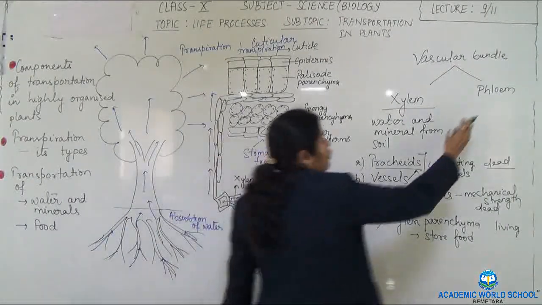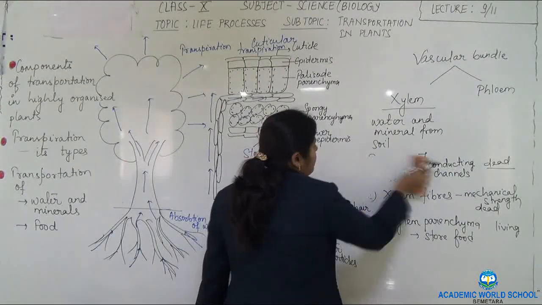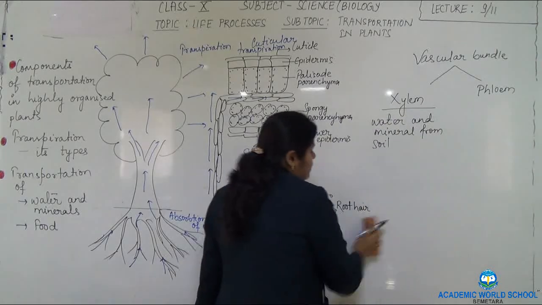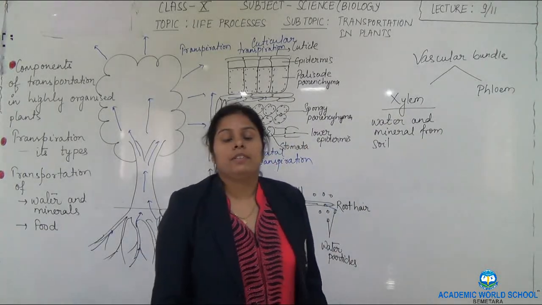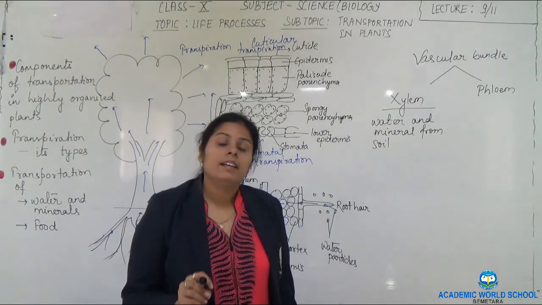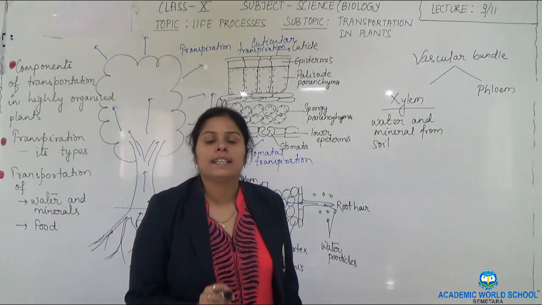Next we will see phloem. Phloem translocates food. In previous video lectures we have studied, when we were studying about nutrition, that plants prepare their food in the leaves by the process of photosynthesis.